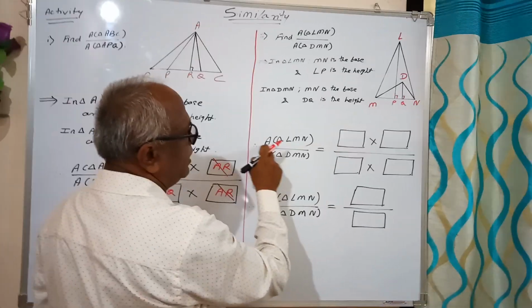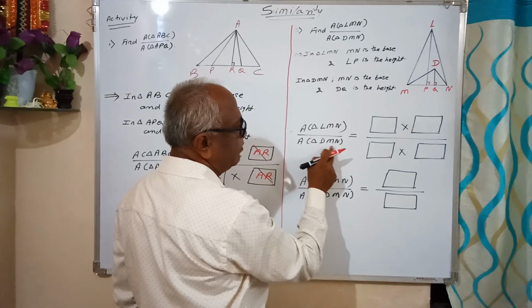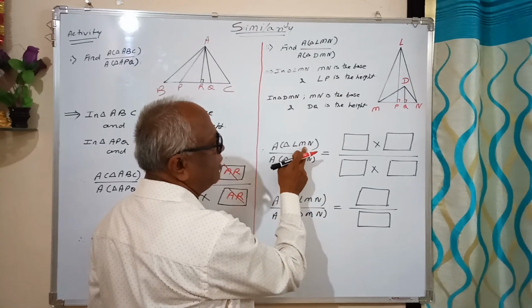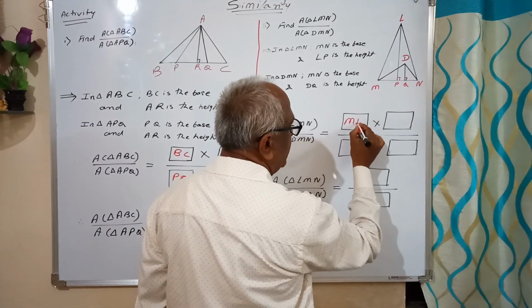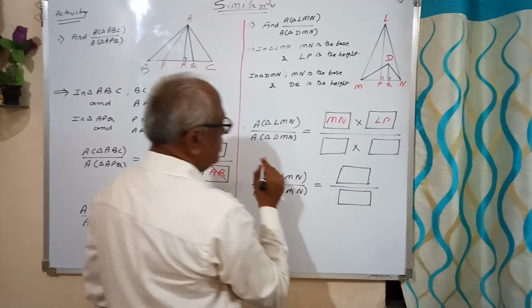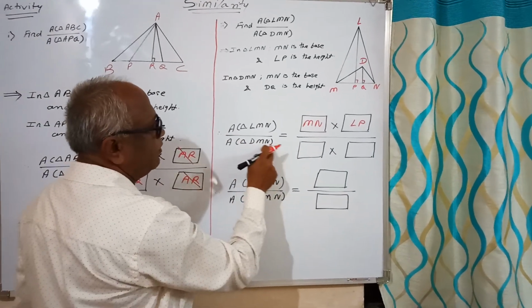Now area of triangle LMN upon area of triangle DMN is equal to MN into LP upon MN into DQ.